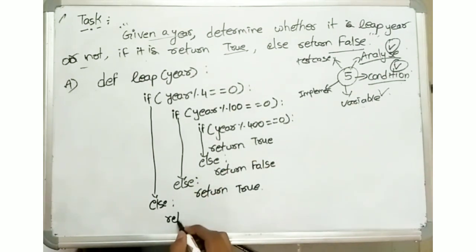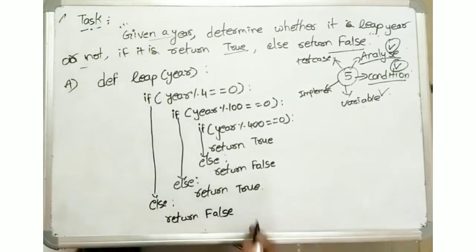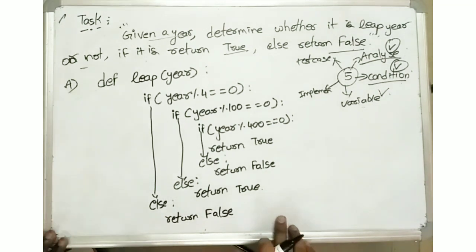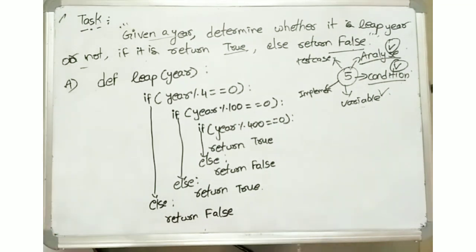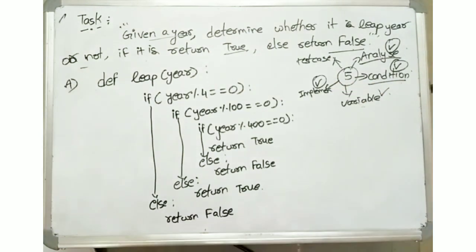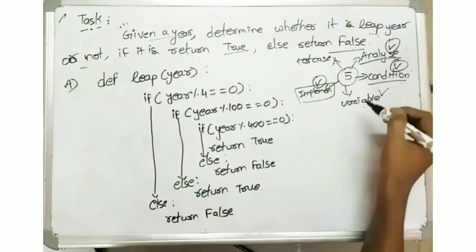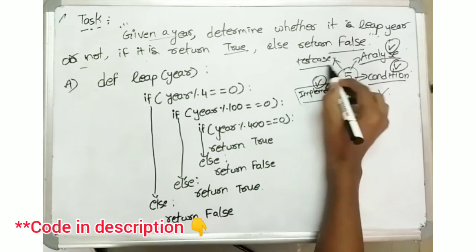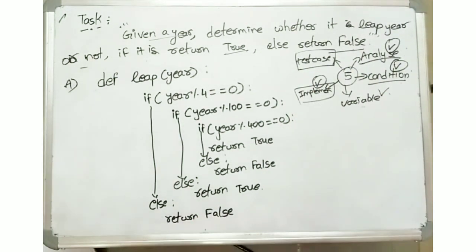We return false. This is our function which defines the leap year. Okay, fifth phase also completed. We implemented the code from the 1, 2, 3 phases. So coming to the last phase, it is test cases.